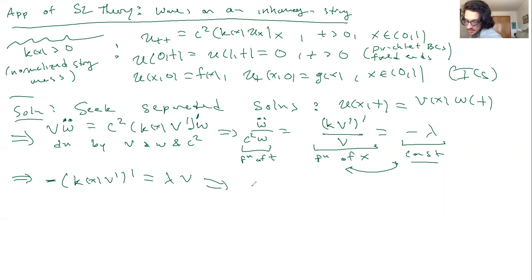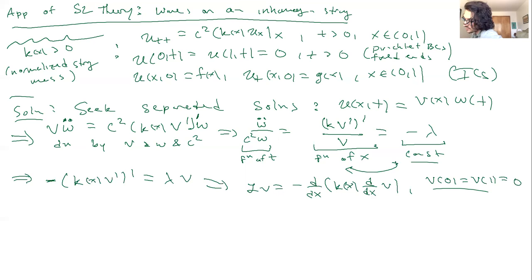This is a Sturm-Liouville problem. This is L v equals minus d/dx, k of x, d/dx, v, right? And remember that v of 0 equals v of 1 equals 0, because of our fixed ends here, okay?